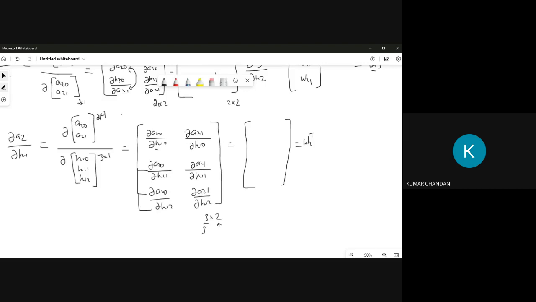A2 itself is the result of W and the previous H1, right? Yes, A2 is W2 times H1. So I want to think in that way. Instead of that, I want to write that notation.